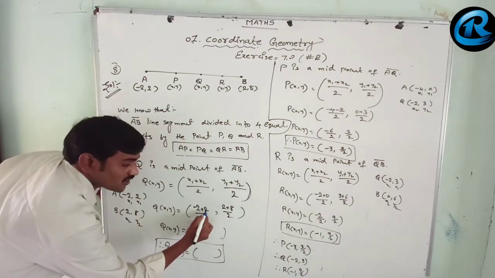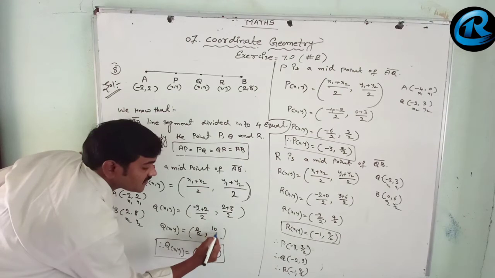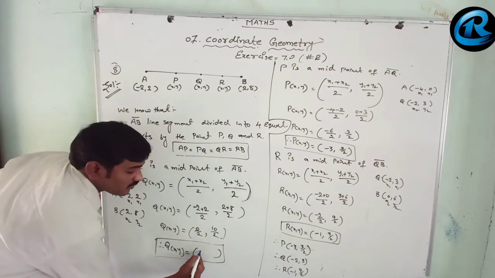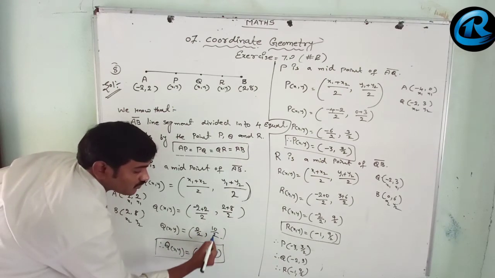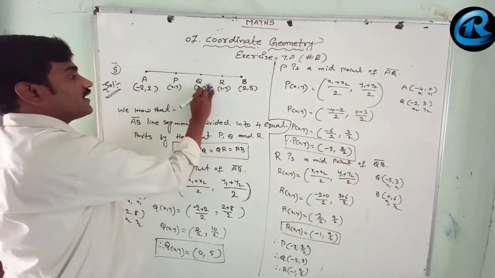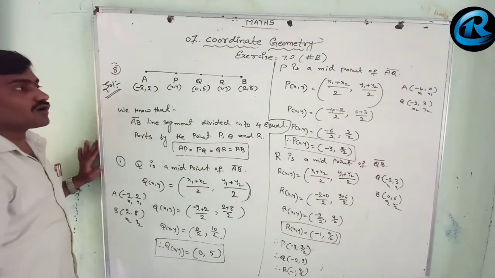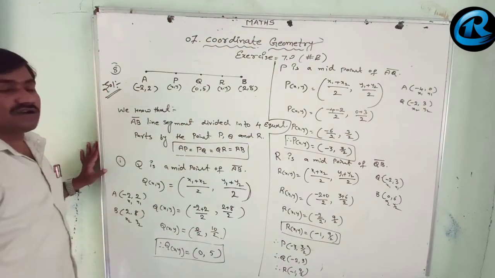Here -2 plus 2 is 0, 0 by 2, comma 2 plus 8, that is 10 by 2. Simplify, 0 by 2 will be 0 and 10 by 2 is 5. So Q(x, y) is (0, 5).